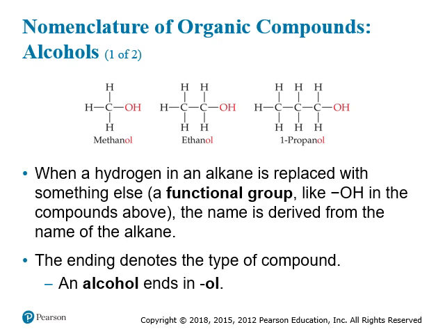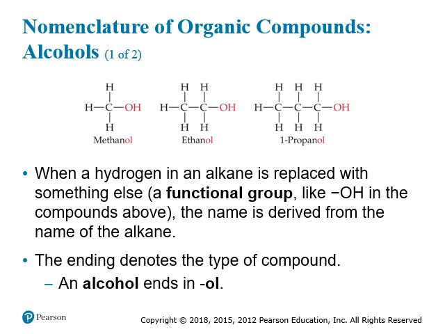So in the first instance, we see what would have been CH4, methane. But since we see the removal of a hydrogen replaced with an OH group, the ending is going to be reflective of that functional group. Alcohols end in OL. So, as we see at the top of the slide, we see an alcohol whose basic alkane was methane, so we call it methanol, followed by ethanol, followed by propanol.